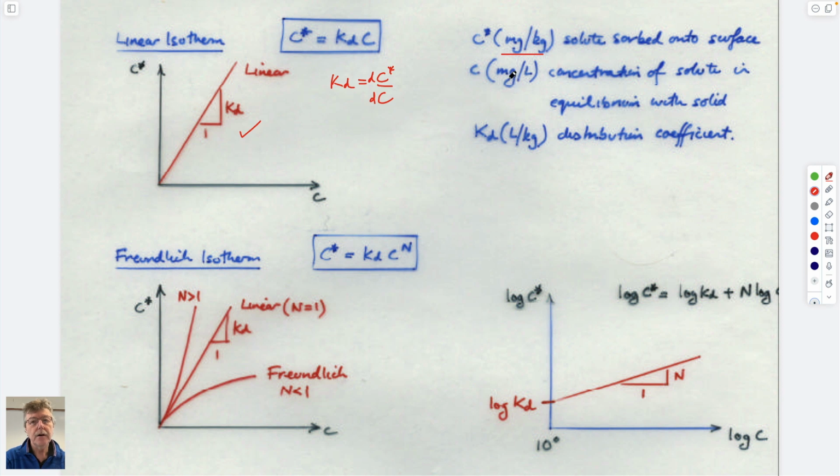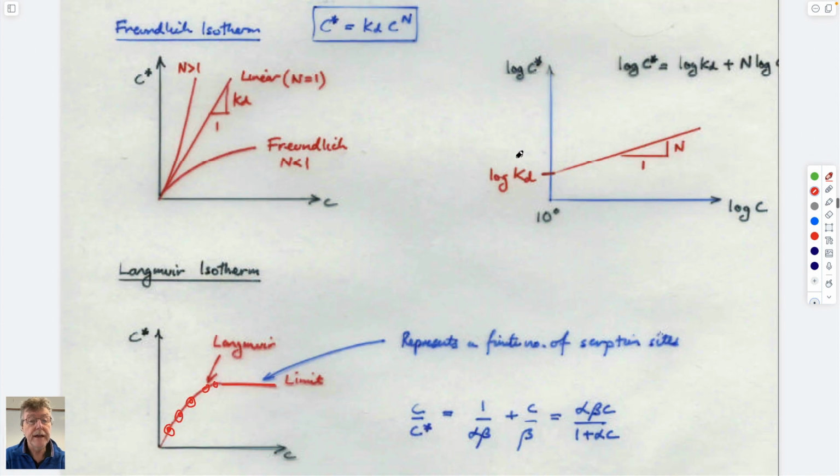Some of them are in mass of solute per unit volume of the fluid in the aquifer, and volume per unit mass, just from the terminology, right? If you know what the magnitudes of each of these are, then by definition that gives you a distribution coefficient in a volume per unit mass. Okay.